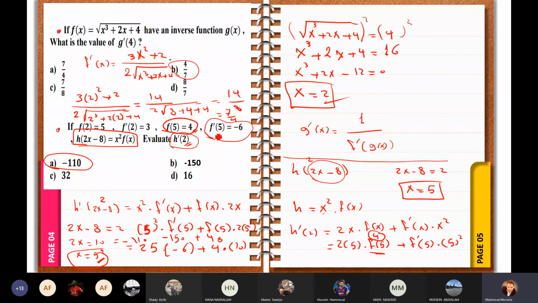F prime of 5 is -6, so I will substitute this one by -6. Just make your calculation. 2 multiply 5 multiply 4 is 40. Here is minus 6 multiply 5 squared, 150. So the answer will be -110.